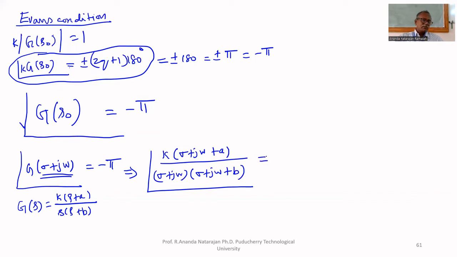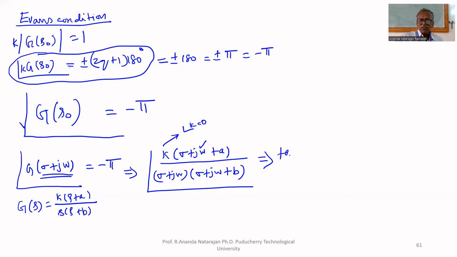How to find the angle? The angle for the numerator is positive, as we have already seen, and the angle for the denominator is negative. The angle is tan inverse of the imaginary part divided by the real part. For the numerator, the angle of k is 0, so we can ignore it.